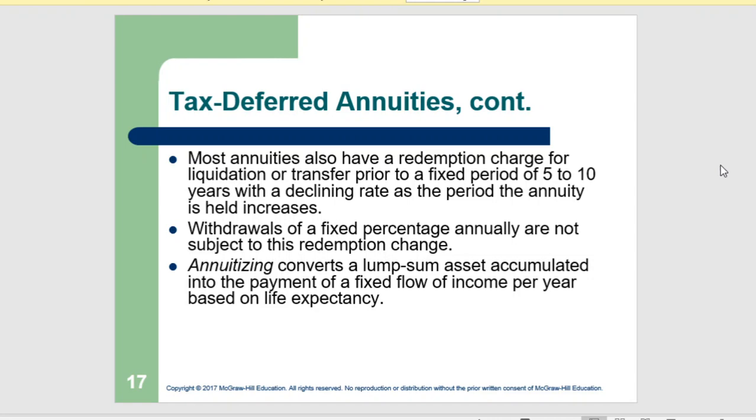If I am a young person and I annuitize a large sum of money, I might not get very large payments because there's a lot of life left. Whereas if you annuitize something later in life, you might have significantly more payments since there's not a lot of life expectancy left.